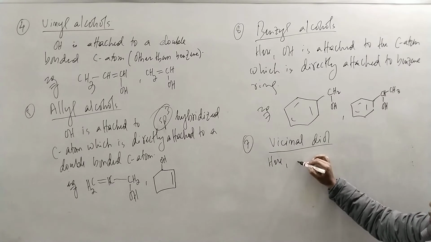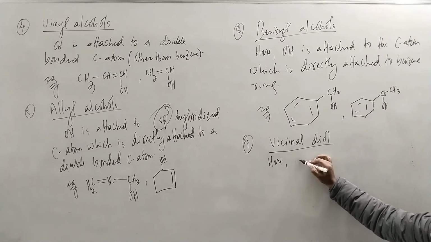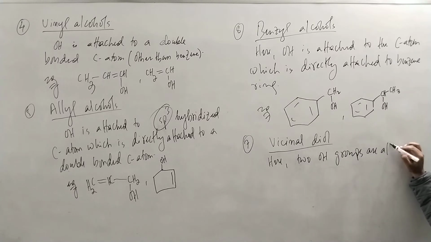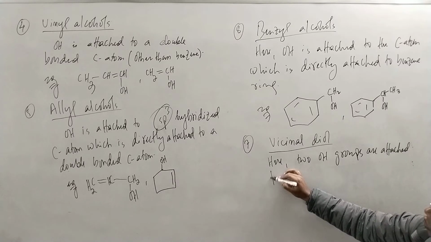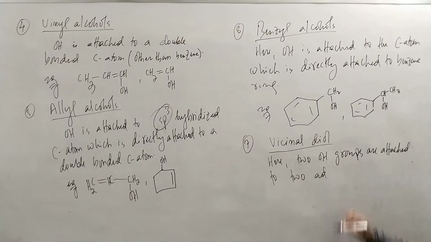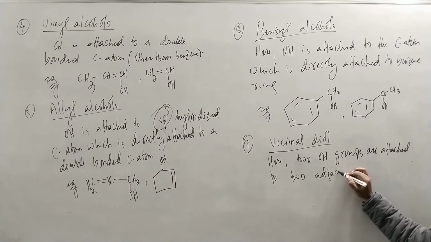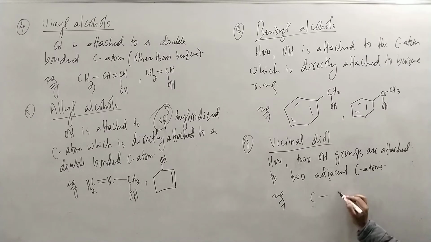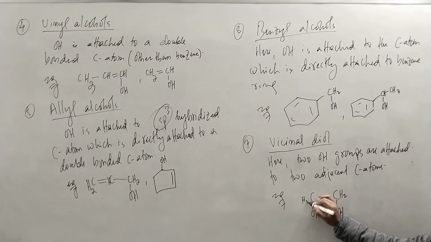Here two OH groups are attached to two adjacent, or you can say consecutive adjacent, carbon atoms. Let me give one example. This is two adjacent carbon atoms, and OH is attached here and here, and this becomes an example of vicinal diol, like this. This is called ethylene glycol.